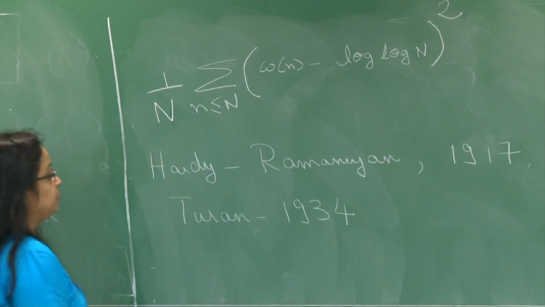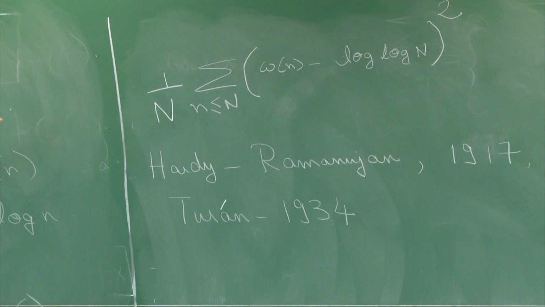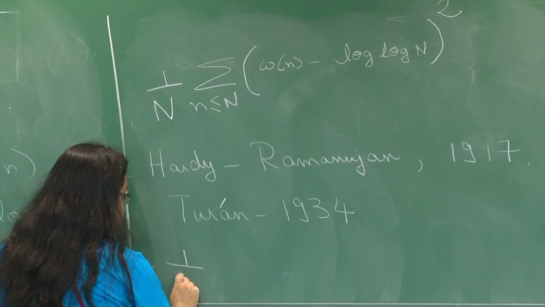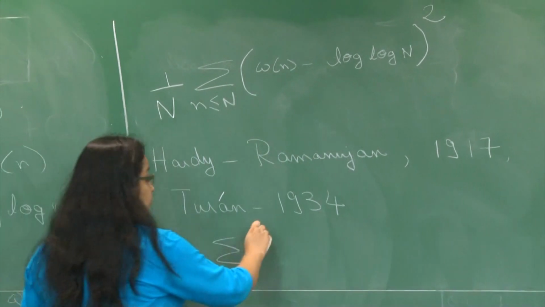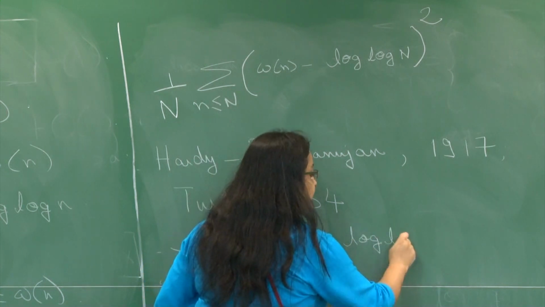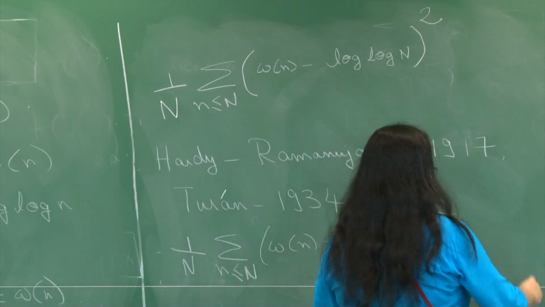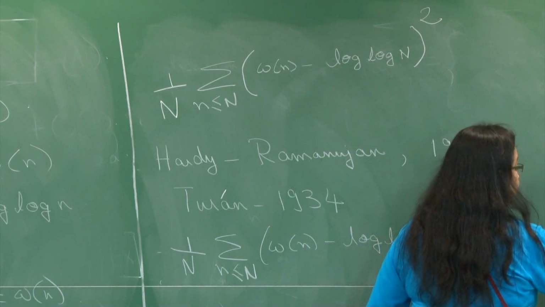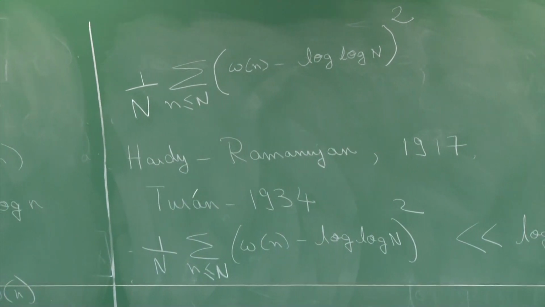A simpler proof was provided by Paul Turan in 1934, and at the essence of both these theorems is the assertion that the sum 1 by N, summation n less than or equal to N, of omega of n minus log log n, whole square, is O of log log N. So, variance is bounded above asymptotically as N goes to infinity by log log N.